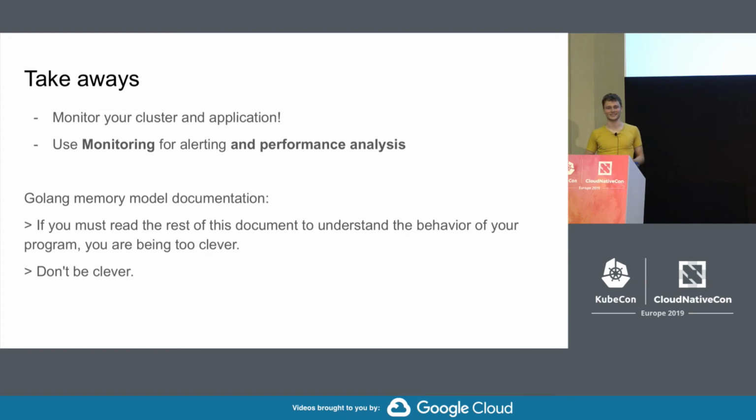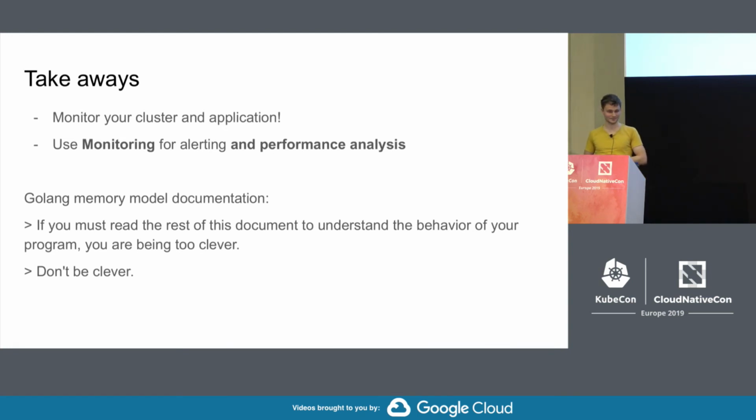We have to say that as SIG Instrumentation. Use your monitoring, of course, for alerting, but also use it for performance analysis. And make this available to your developers so they can debug regressions, run their software in different versions and compare it over long terms. This was super helpful for me.